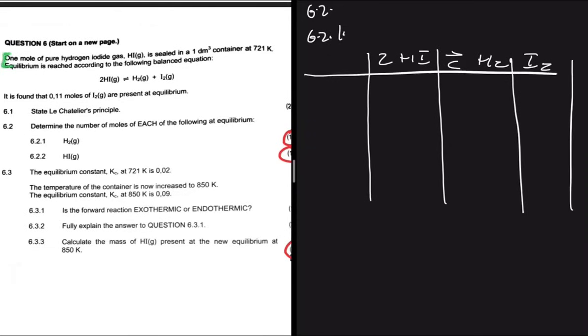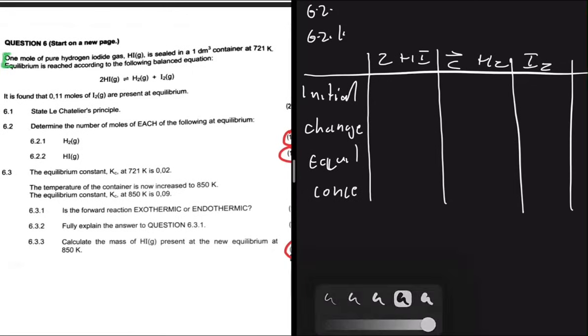So here we're going to have the initial number of moles, right, on the first column, and then here we're going to have the change, and then here we're going to have the number of moles at equilibrium, and the last one we're going to have the concentration. So what we're given here is the initial number of moles of hydrogen iodide, right?